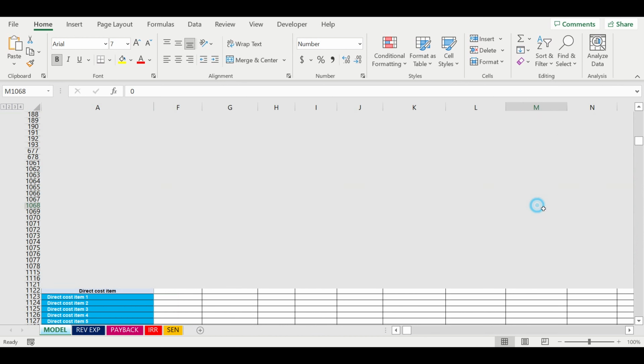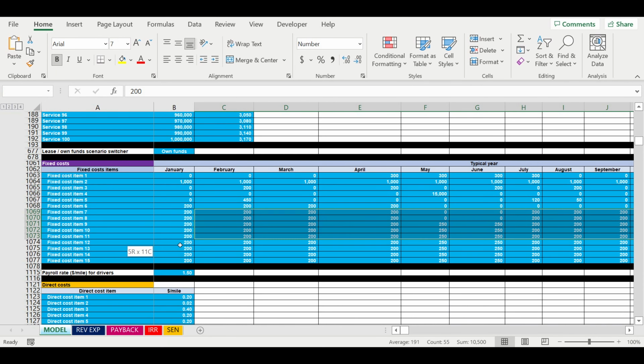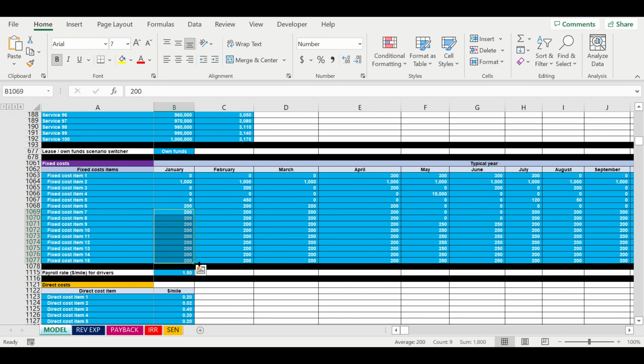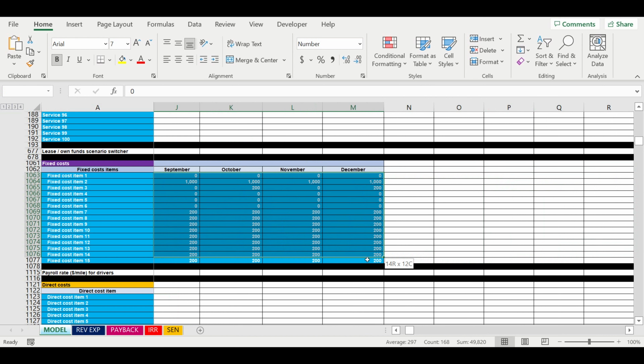So for example, some expenses are constant from January to December. Some of them may occur only once a year, for example in May. Some of them may occur once in a quarter. Some of them may occur once a half year. But also they are constant, they're fixed costs. And here in this block of inputs, we specify these fixed costs for our truck.